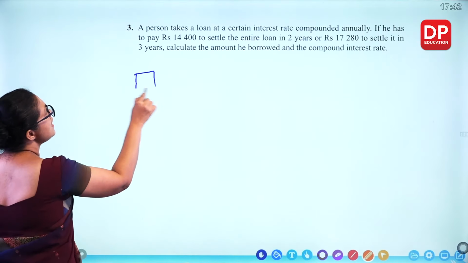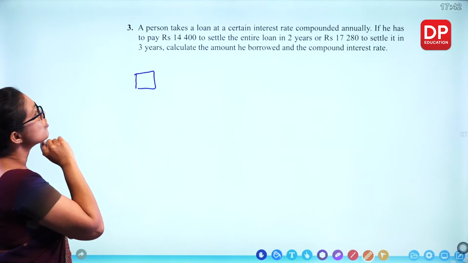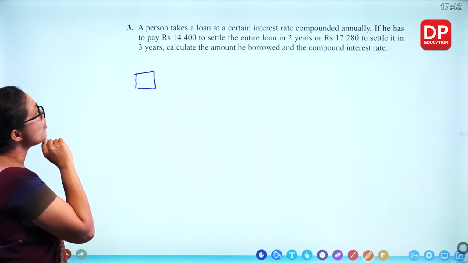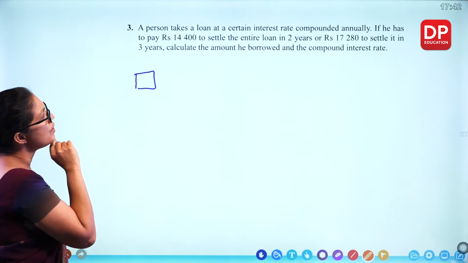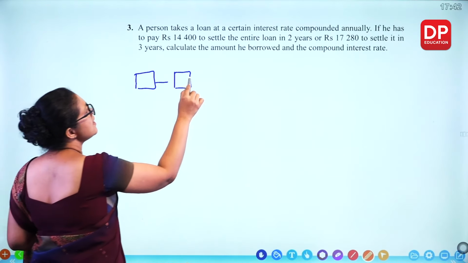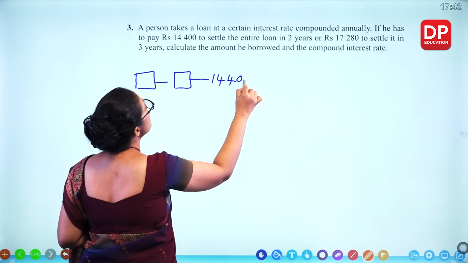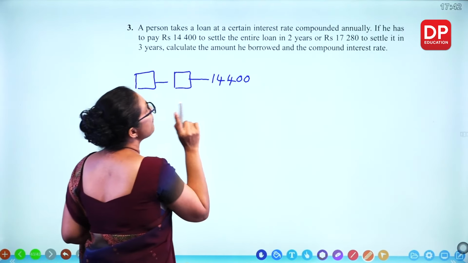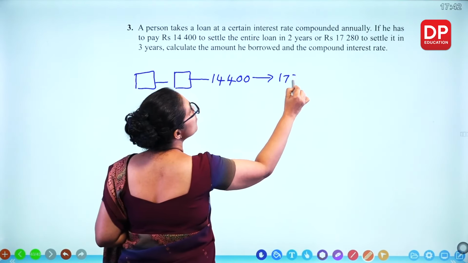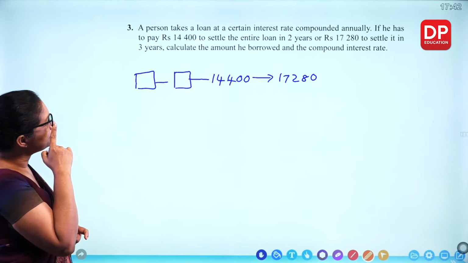So we don't know the initial value, and the interest rate also we don't know, but it says he has to pay 14,400 in the second year, and then if it's the third year, this is 17,280.